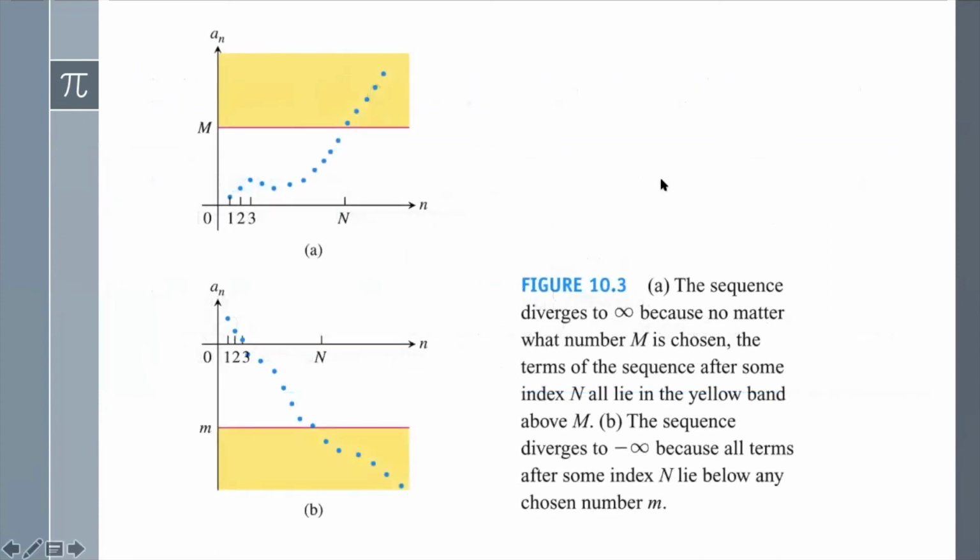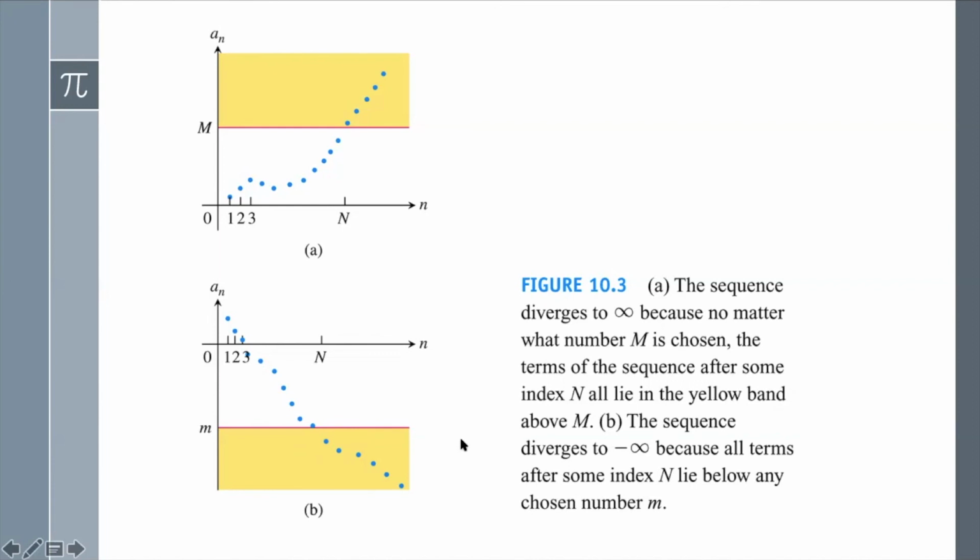All right, so one way in which a sequence can diverge is if the terms are going off towards infinity or negative infinity. In the top picture here, the sequence diverges to infinity because no matter what number m is chosen, the terms of the sequence after some index n all lie in the yellow band above m. In other words, they're all greater than m. Similarly, the sequence diverges to negative infinity in the bottom picture because all terms after some index n lie below any chosen number little m.